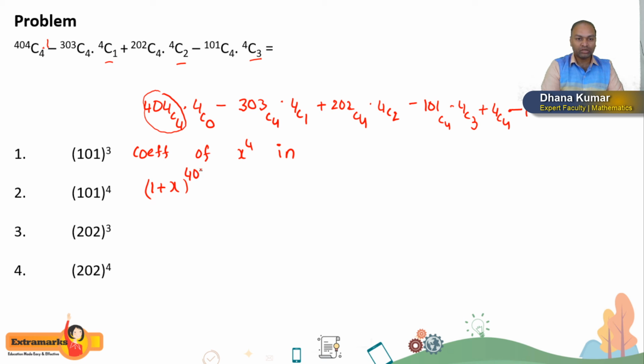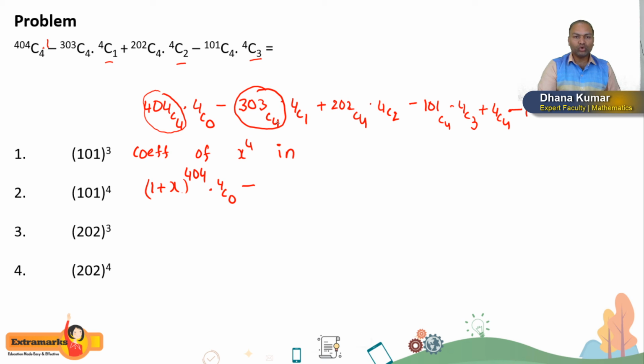So, just observe this one: the coefficient of x power 4 in this expression is what? 404C4. Is it correct or not? Right. So the next element, 4C0, as it is I am writing, into 4C0. Fine. Let us come to this one.